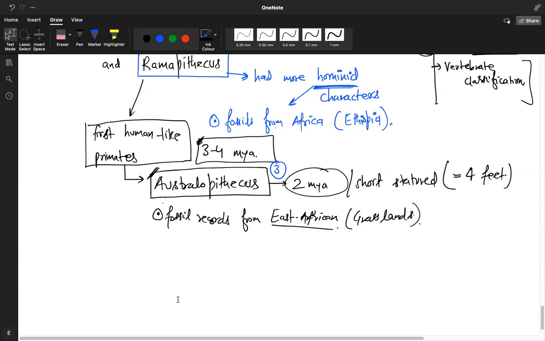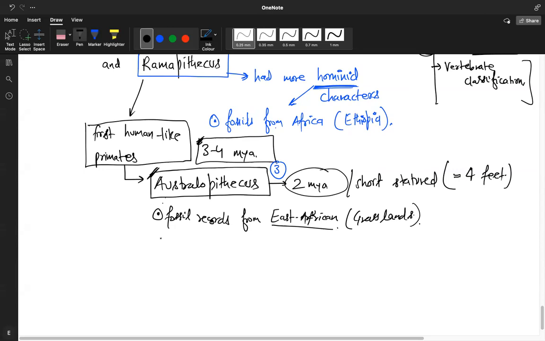At one point of time, their ancestors were found on land. So after becoming fully land mammals, they adapted to water and went back to become whales. Do you understand? Clear, everyone? Yes, sir. Okay.